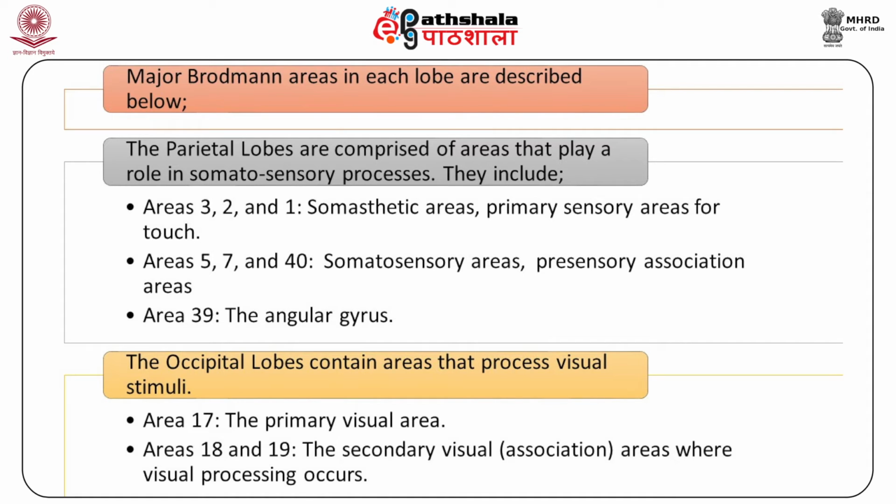Areas 5, 7 and 40 are somatosensory, presensory association areas, and area 39 is the angular gyrus. The occipital lobe contains areas that process visual stimuli. Area 17 is the primary visual area. Areas 18 and 19 are the secondary visual association areas where visual processing occurs.